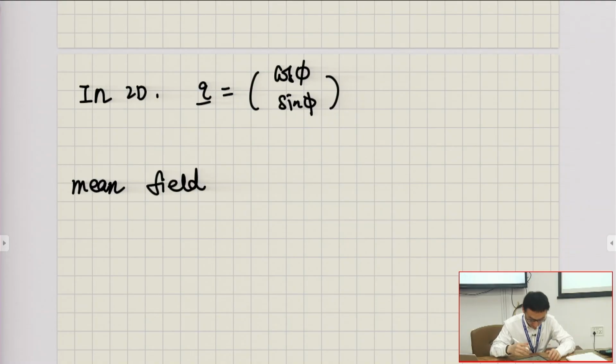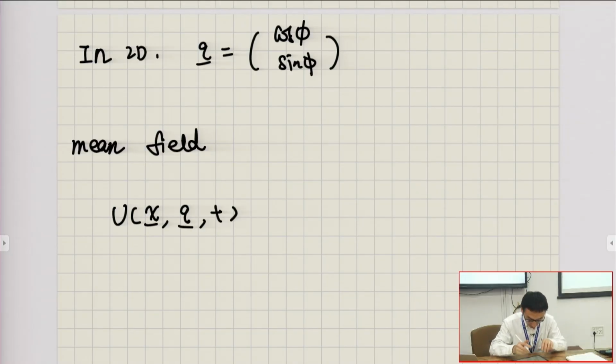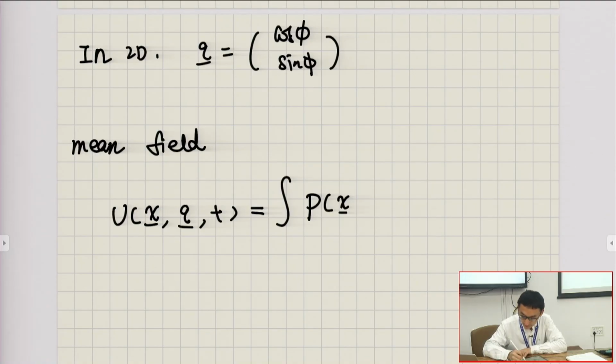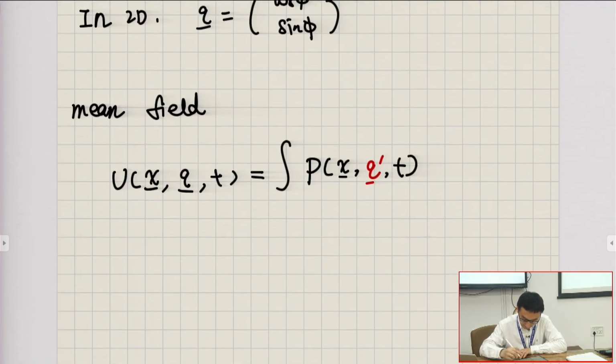Let's do a mean field average of this potential to get what I'm feeling in the mean-field sense at x and q. So I will be integrating the distribution function at x, q prime, t, times this k here, over q prime.